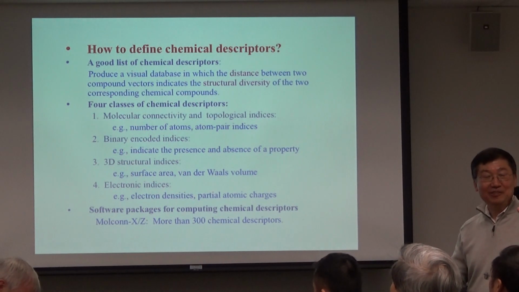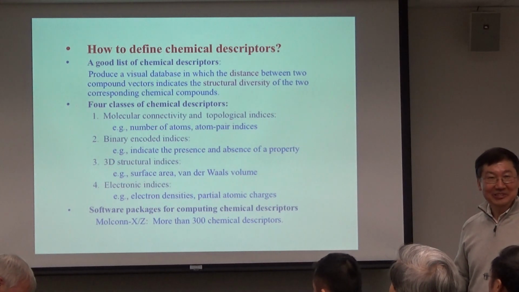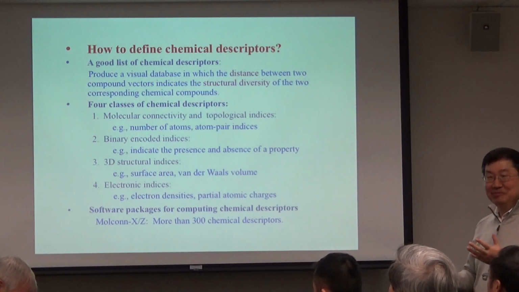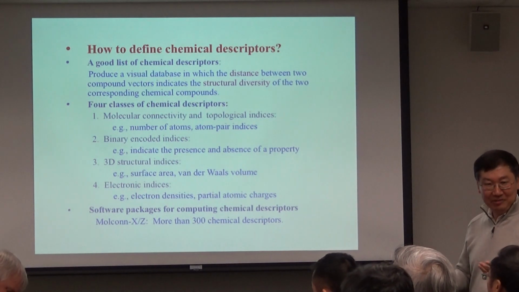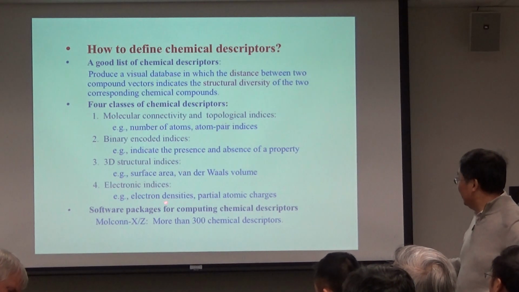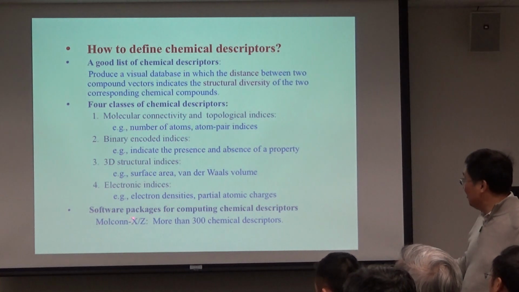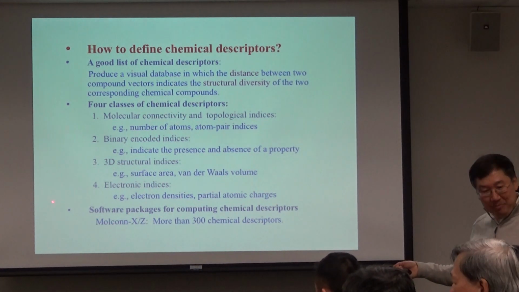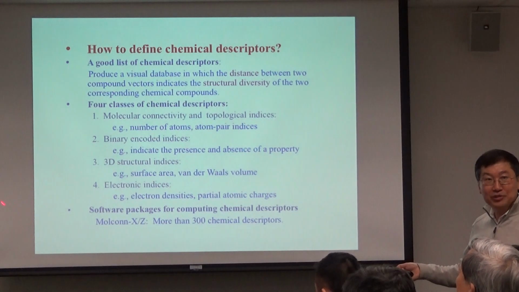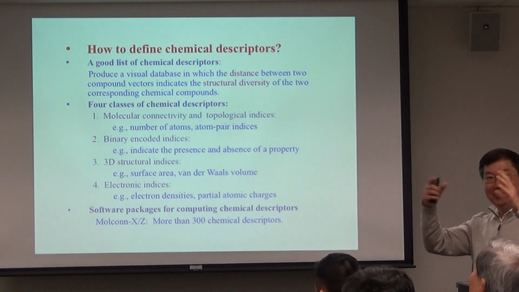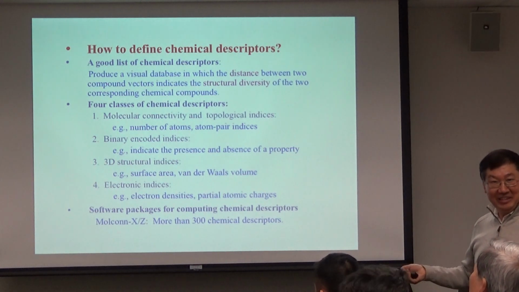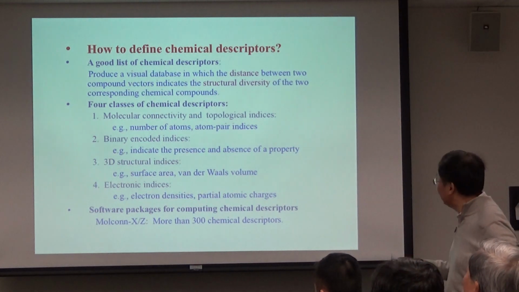So that's a lot of properties that you need to know. How you're going to calculate them is an important research area. Of course, we are not going to work that out. This is a software package, I think one popular one to do such a calculation to generate a virtual database.